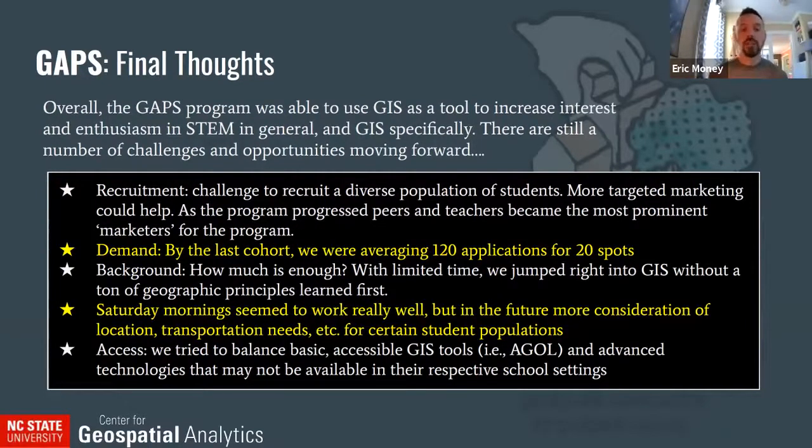In terms of challenges, recruitment, and I think any of you that have tried to recruit for these types of programs in the past know that particularly if you're trying to target underrepresented groups, it can be a challenge to make sure you're reaching those. We would find that the students were sort of automatically biased towards liking STEM before they joined the program. I think that was just by the nature of the teachers that we reached out to and the students that they ultimately passed this on to.